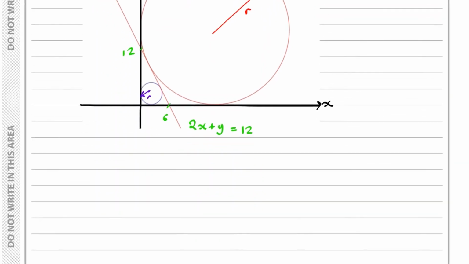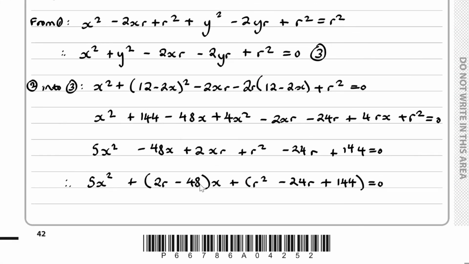So if we use the discriminant, we see over here a is equal to 5, b is equal to 2r minus 48, and c is equal to r squared minus 24r plus 144. So that's just using the values of a, b and c.